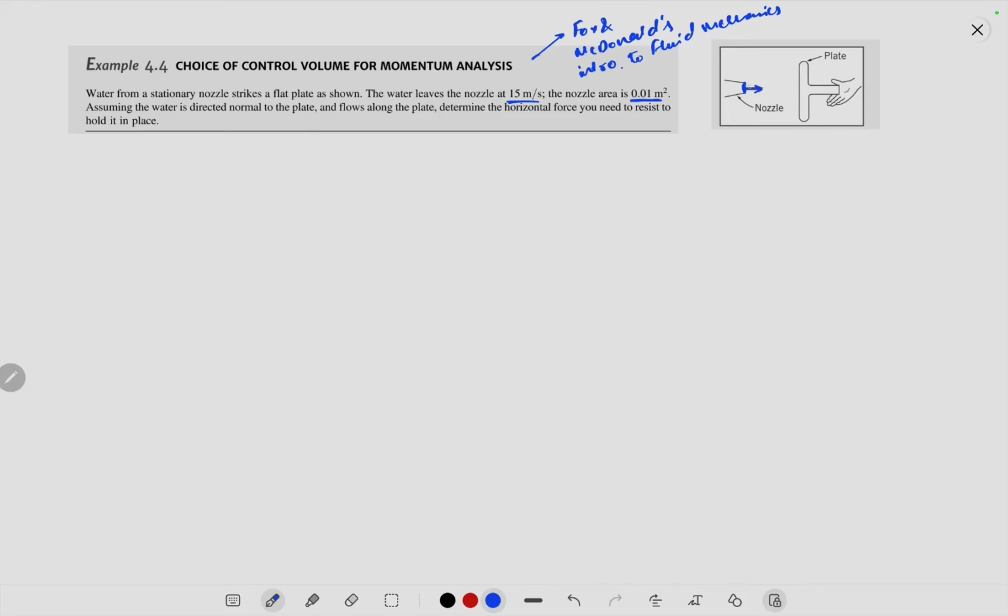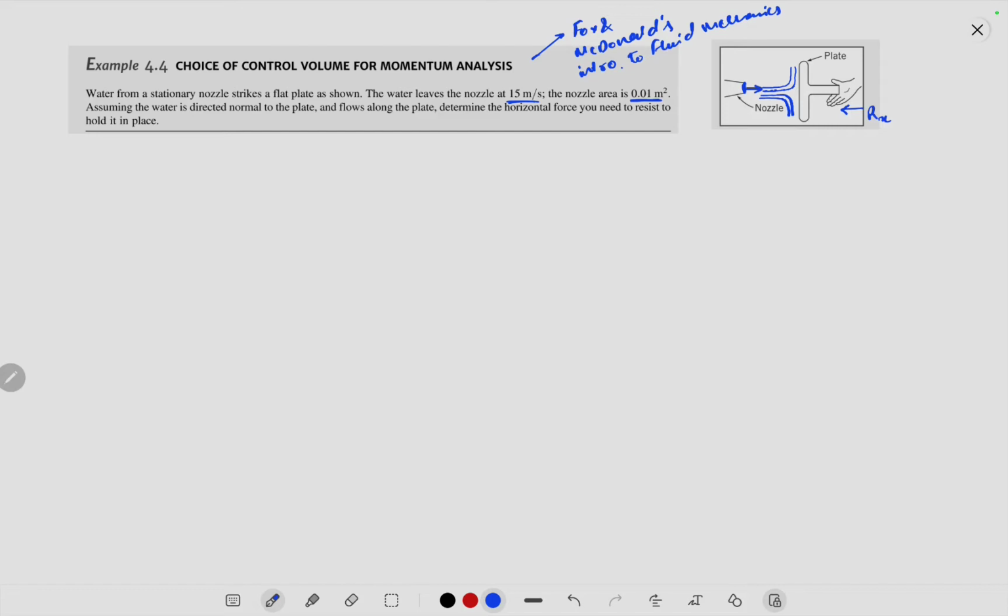The water flow is something like this. Now the question is, if the water flow is like this, incident on some plate, then what is the amount of force that you have to provide in the horizontal direction?